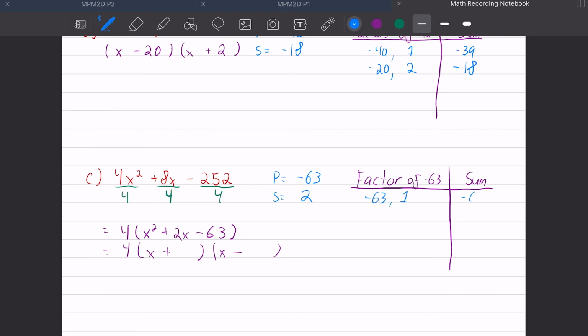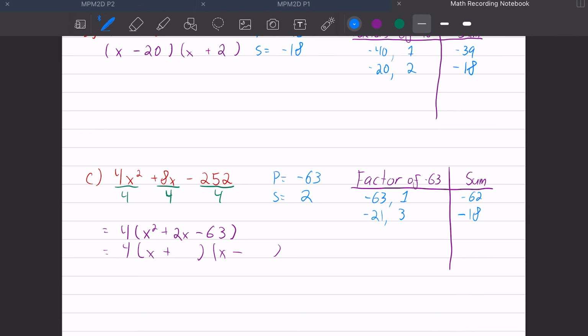Well, that gives us negative 62. Not what we're looking for. Okay, 2 doesn't divide into 63. Does 3? Yep, so that's going to be negative 21 times 3. That gives us negative 63. And when we add those together, that gives us negative 18. No, not what we're looking for.